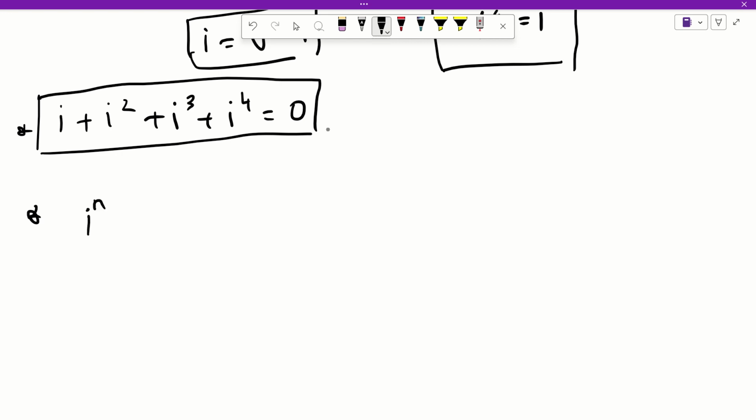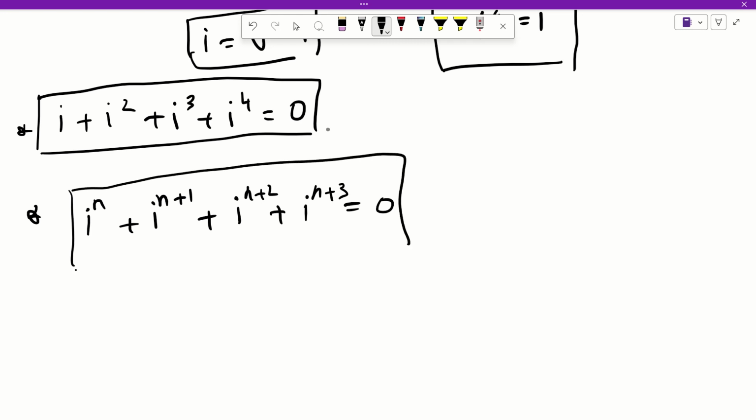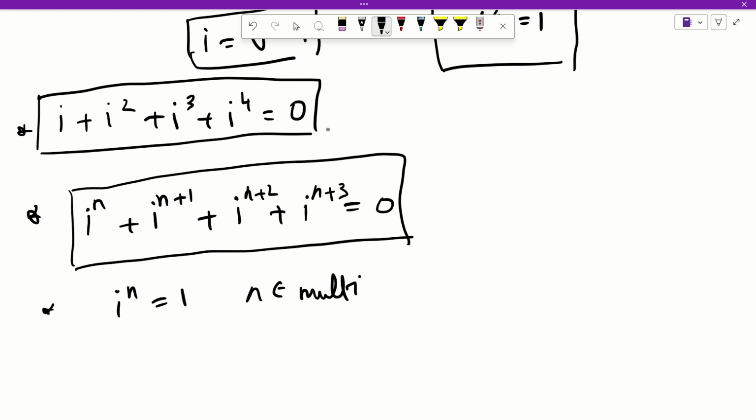In a generalized way, i raised to n plus i raised to n plus 1 plus i raised to n plus 2 plus i raised to n plus 3 equals 0. Next, i raised to n equals 1 when n is a multiple of 4, or we can write i raised to 4n equals 1. This is also important.